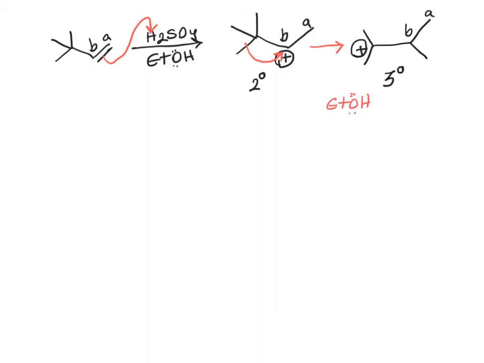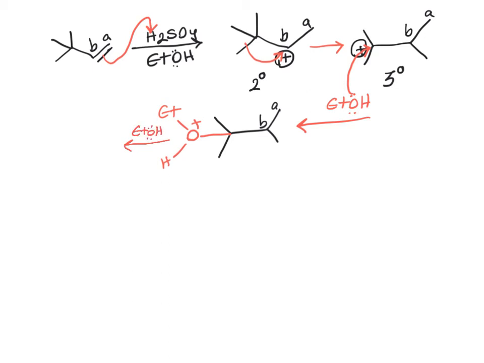And then ethanol will act as a nucleophile and attack the carbocation, and after deprotonation of this oxygen, we get the final product, which is an ether. This is the final product of this reaction, the final major product.